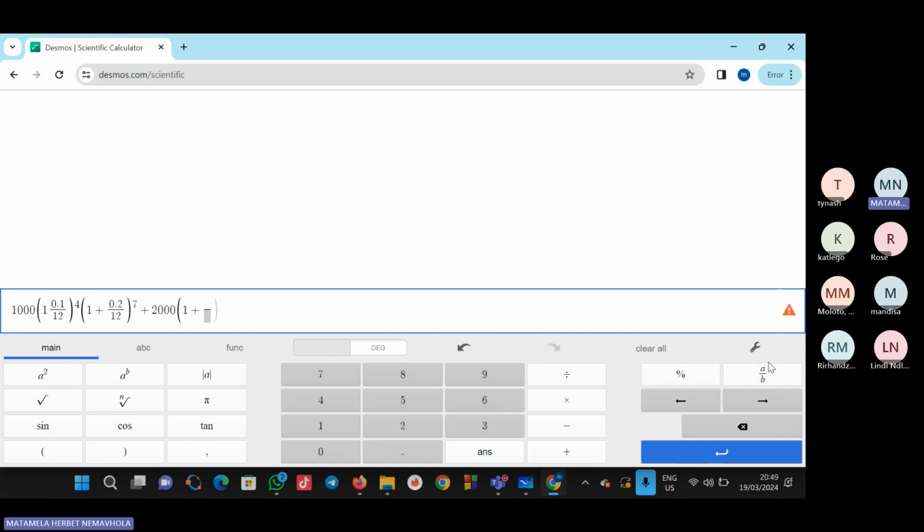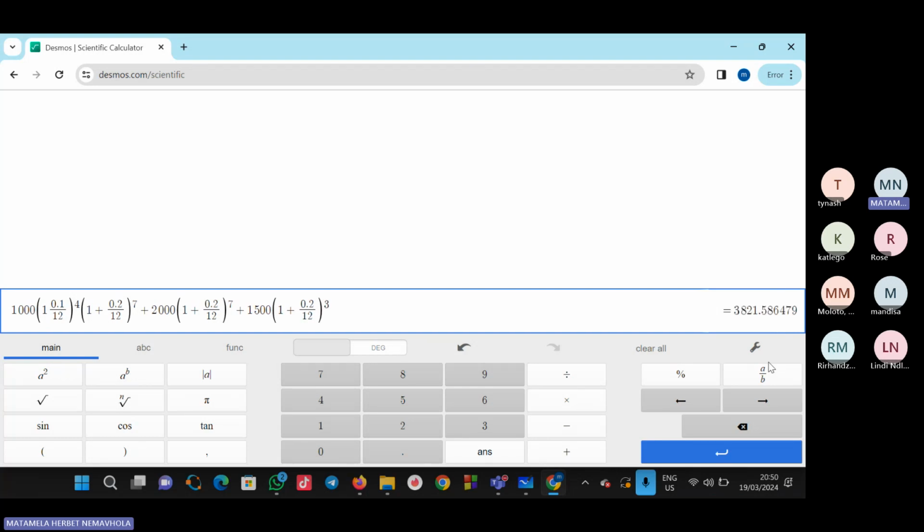1 plus 0.2 over 12 to the power 7, and then again we added plus 1,500 when we were left with 3 months, 1 plus 0.2 over 12 to the power 3.